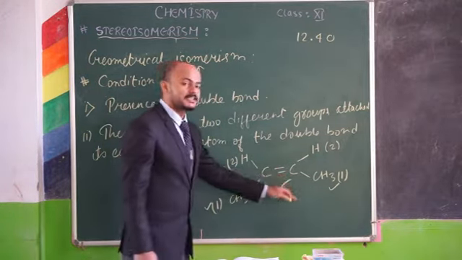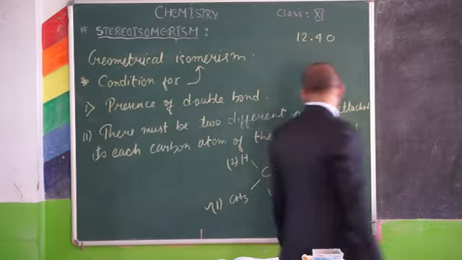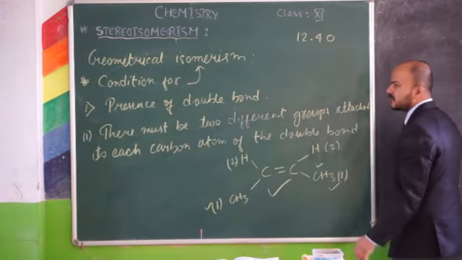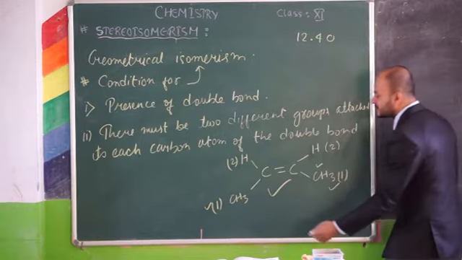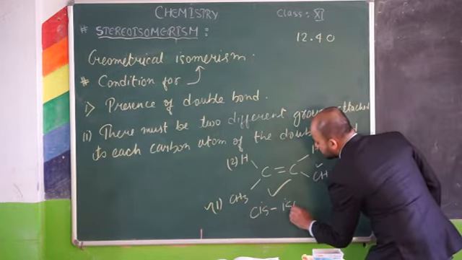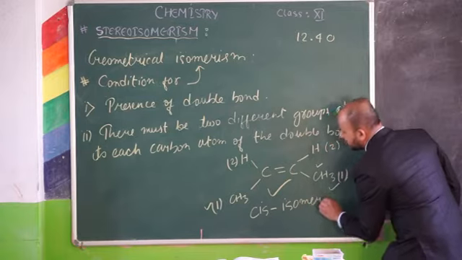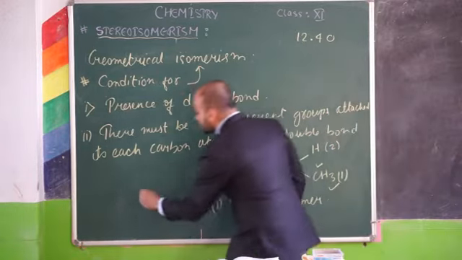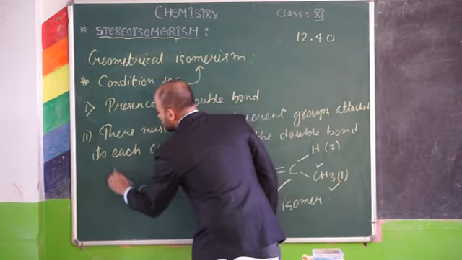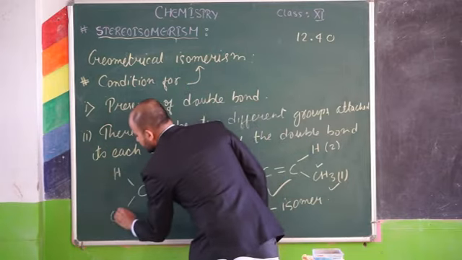Now whenever such cases arise, then such geometrical isomers are known as what? Such geometrical isomers are known as cis isomers. This is cis isomer. Now, if it is the other way, then suppose you have hydrogen here and here CH3.